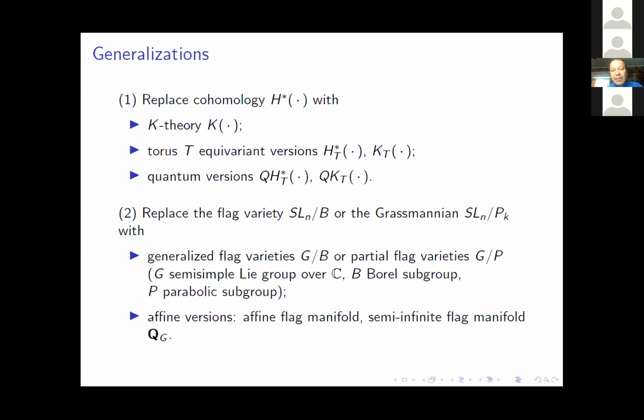And also we have affine versions of these finite flag varieties. We have the affine flag manifold, and we also have something called the semi-infinite flag manifold corresponding to G, with G like above, which is a non-standard way to define an affine version of the finite type flag manifold.